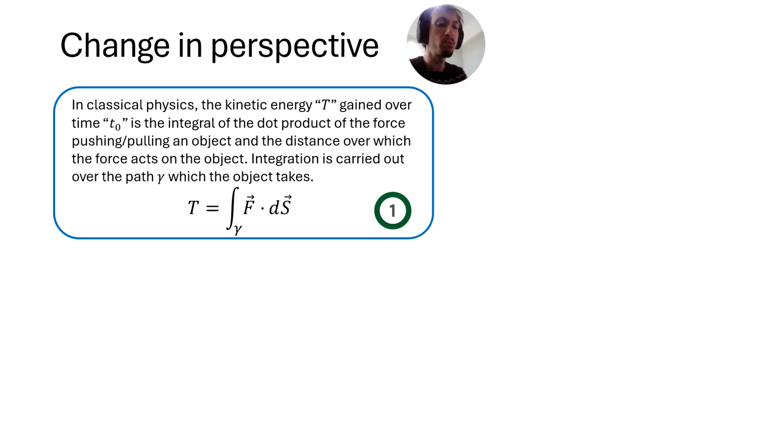So we can parameterize both the infinitesimal displacement vector ds and also parameterize the force F using the parameter t, where t is time.